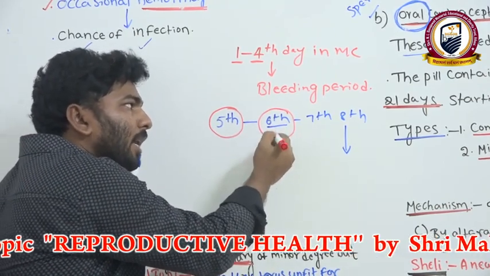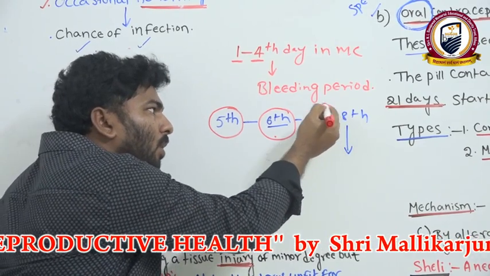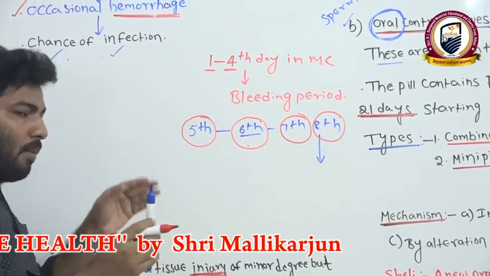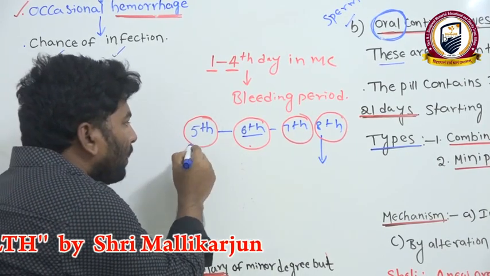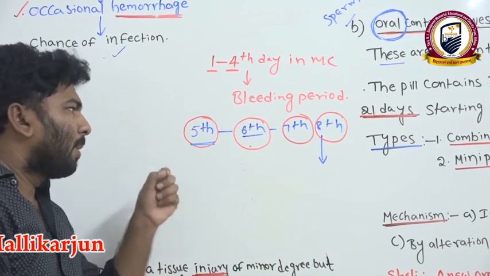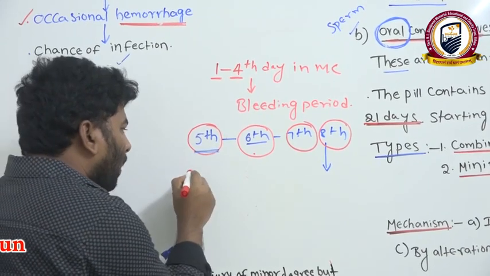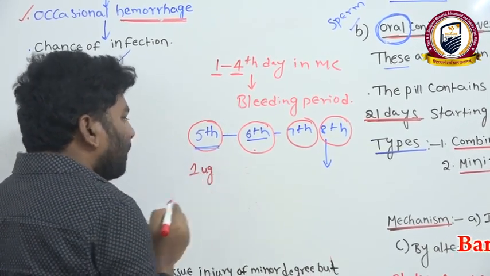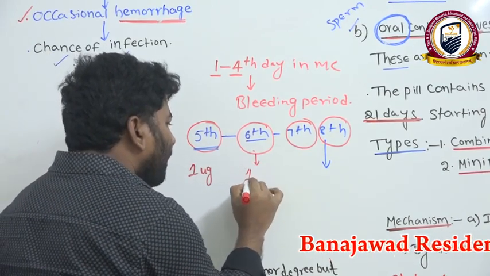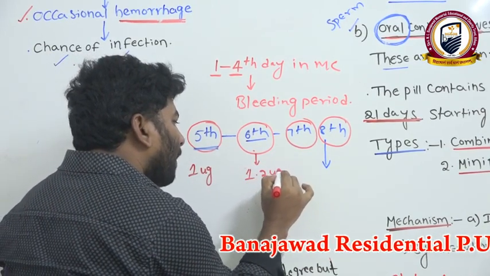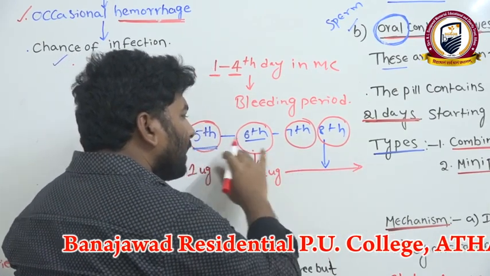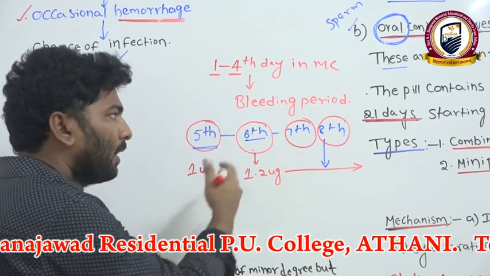Then compared to the 6th day, the 7th day has a little more hormone, and like that the 8th day also. Let me repeat this one more time. On the 5th day, the concentration of hormone is, for example, 1 microgram. On the 6th day, it may be 1.2 micrograms. Like that, the dose increases day by day to prevent pregnancy.